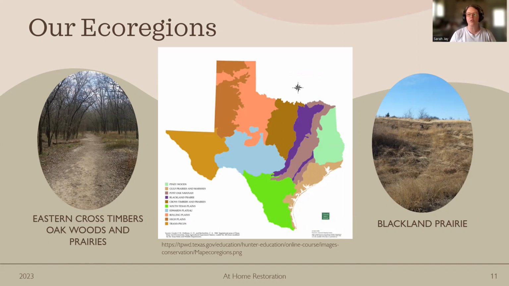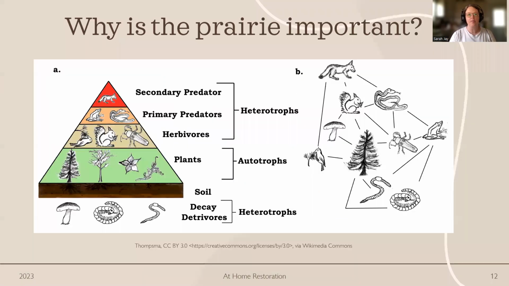And interspersed through the Blackland Prairie, you'll find mesquite, honey locust, different hardwood trees, cedars, and those can actually be a little bit of a difficulty when you're trying to maintain a prairie ecosystem. Some of these trees are really fast growing. And it's not that they don't support wildlife, but they do encroach on the prairie and make it difficult for the prairie to maintain itself.